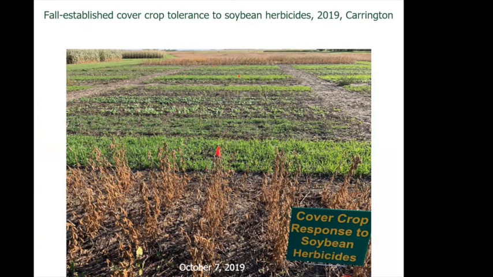Then the cover crops were planted in late August or early September, perpendicular to the strips where the herbicides were applied. We visually evaluated the injury, either stand reduction or biomass reduction, 2 to 4 weeks after the cover crops emerged, and then again 6 to 8 weeks after the cover crops emerged.